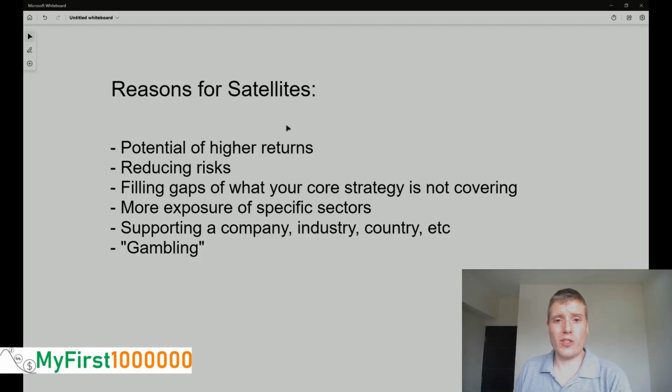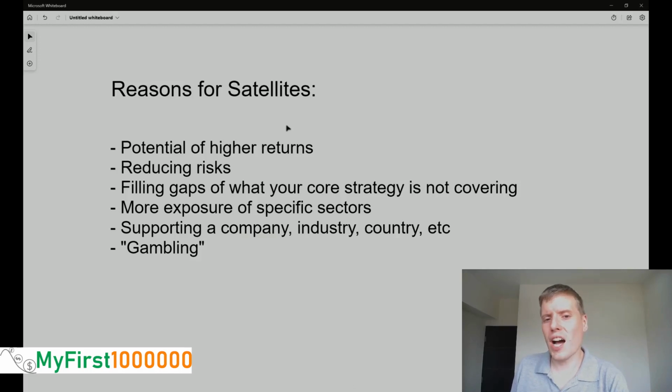Or it could be that your core is an ETF on the S&P 500, so you're mainly investing into the US stock market. So a satellite therefore could be that you will also do some investments into the international markets.